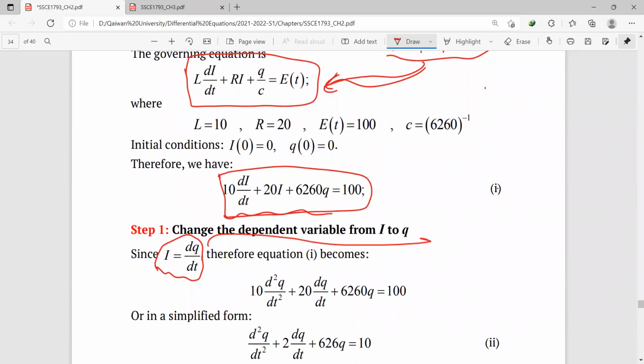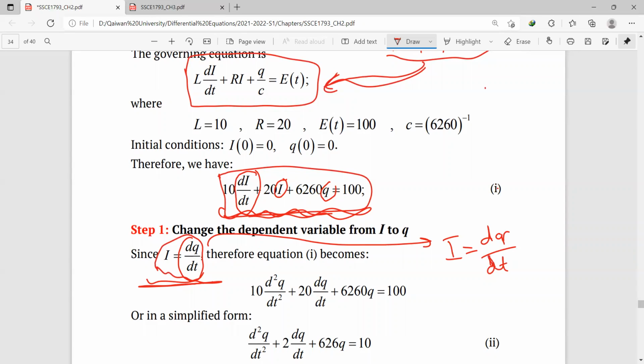To solve this differential equation for Q, we replace I by dq by dt. What about di by dt? We must find di by dt here. We take the derivative of both sides with respect to t. We have I equals dq by dt.